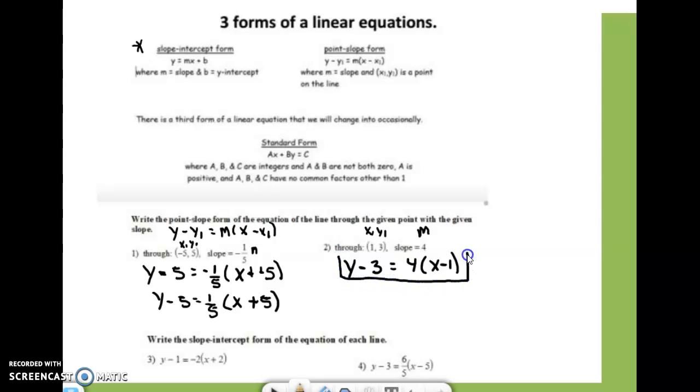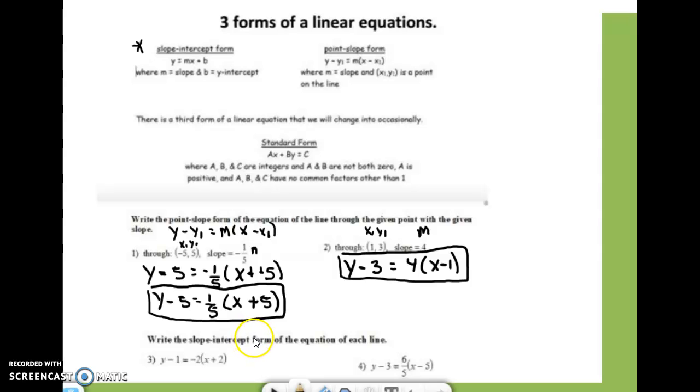Okay. Now, some people like this form because it's pretty easy to set up. However, if you were to graph this, you really need it in the slope-intercept form. So we're going to take a look at that now.